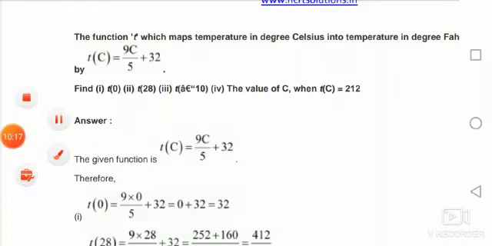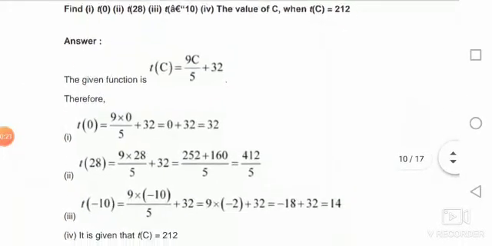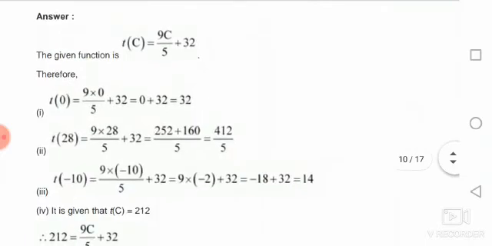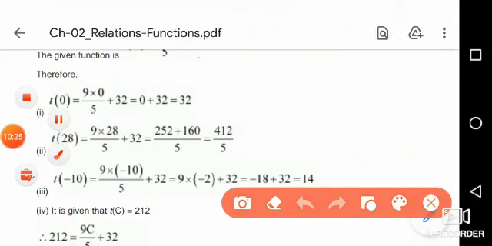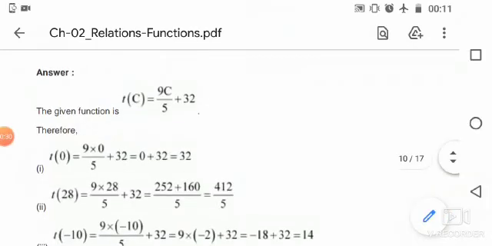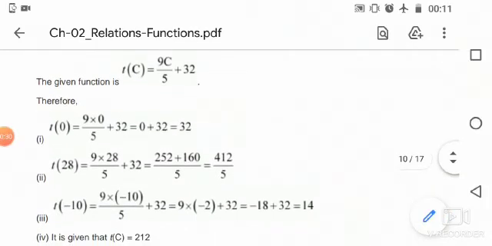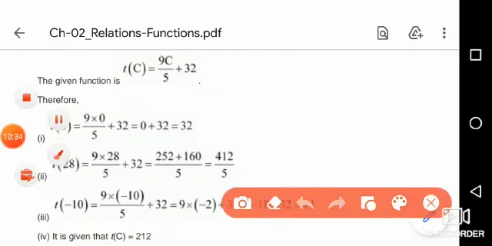Let me begin with the solution of the given problem. The given function is T of C is equal to 9C divided by 5 plus 32.